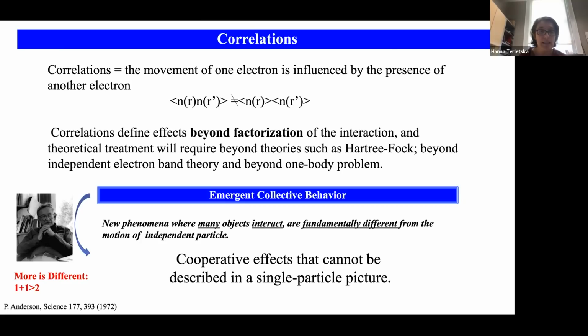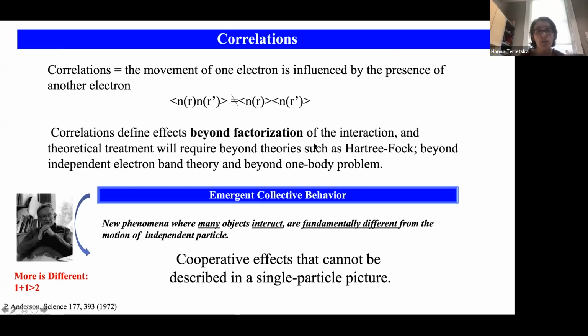And then in such a case, the expectation value of some kind of density correlation function of electrons at position R and R prime cannot be written as a product of the average density of electrons at position R times the average density of electrons at position R prime, because of this correlation effect. The Hubbard model insulator and double occupancy calculated in that sense will show you exactly what that means in that context. That will come a little bit later.